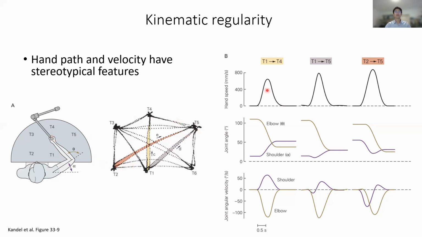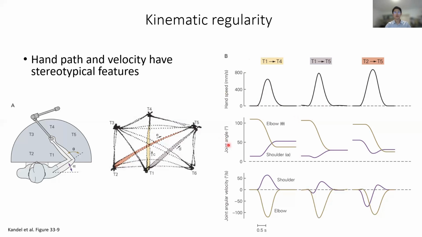And what is interesting here is, if you plot the hand speed, the velocity of the hand, you see no matter which target, which direction you are moving, you always have this symmetrical peak. It's called a bell-shaped hand velocity profile. So it always preserves this profile across different conditions.